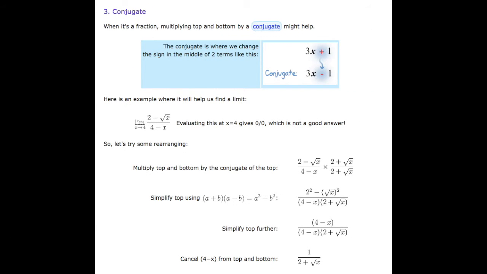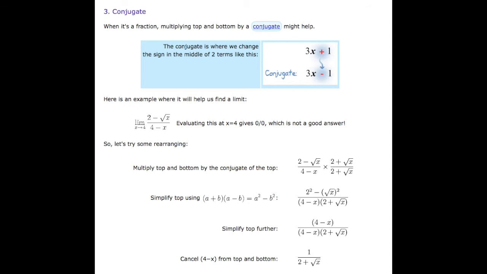The third way to get the value of limit is conjugate. When it's a fraction, multiplying top and bottom by a conjugate might help. The conjugate is where we change the sign in the middle of two terms like this. So if the sign is positive, you will change it to negative.